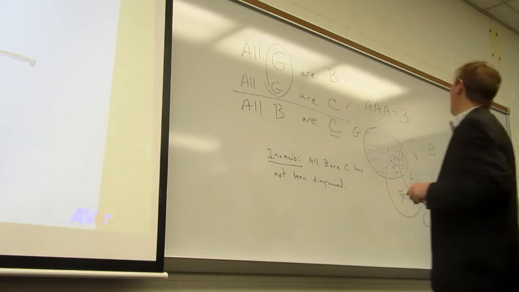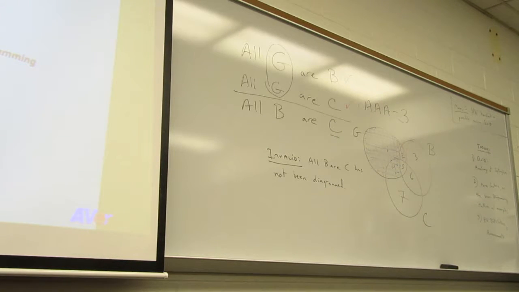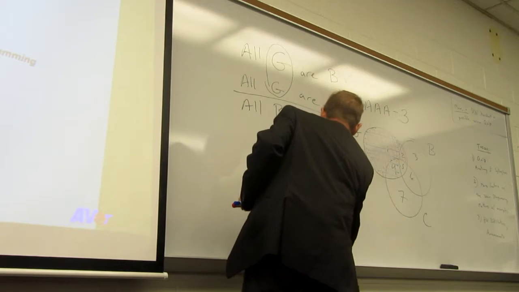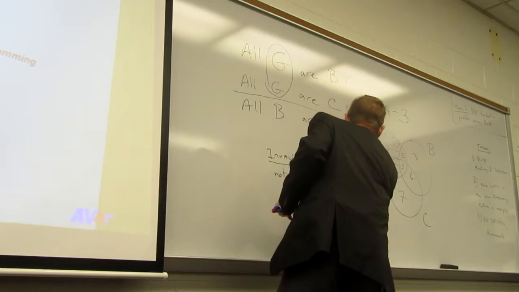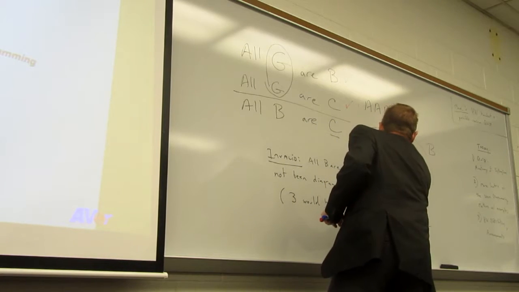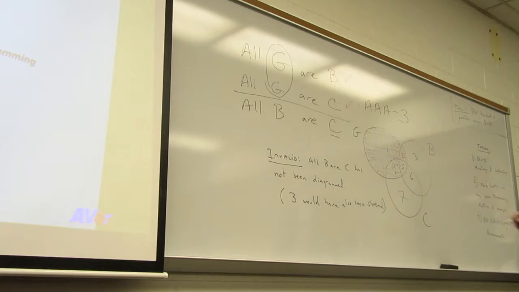Now the next question is how and why hasn't it been diagrammed? If we could validly deduce that all B or C, both 2 and 3, which represents all B or C, would have been shaded. It's not, therefore it's invalid.